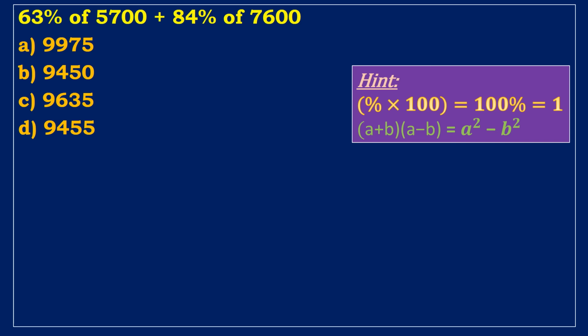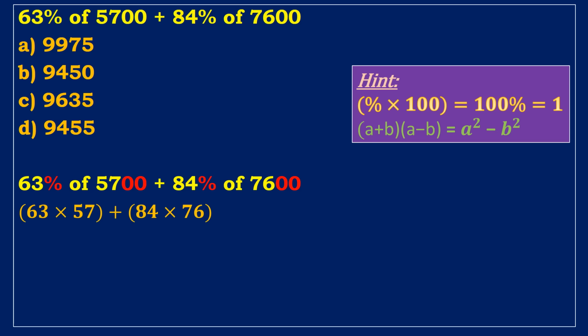The first part of the equation contains a percentage and two zeros, so completely ignore them. Similarly, percentages and zeros are ignored in the second part. The calculation then becomes 63 into 57 plus 84 into 76.